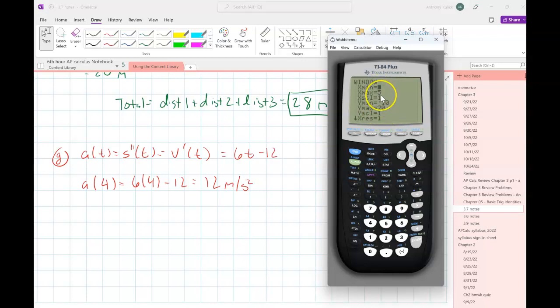Set my window from x 0 to 5. And then for the acceleration, I know at 4 it was already 12, so I just picked an upper bound of 20 and kept the lower bound at negative 10, just hoping that was probably enough. I know that there's going to be some negative velocity. It'll probably be fine. And if I hit graph, oops, I turned off position for some reason.